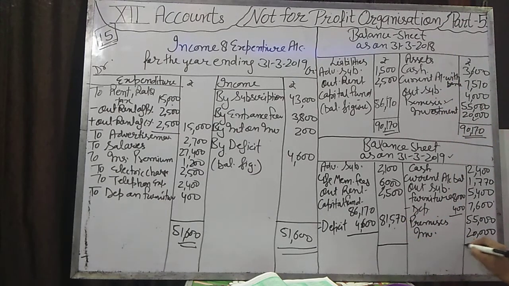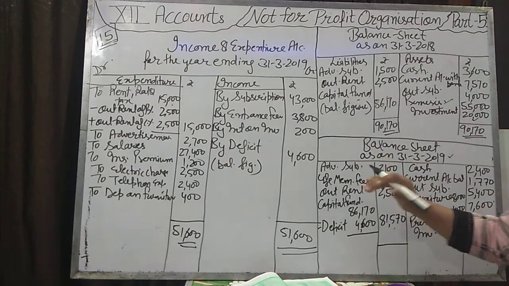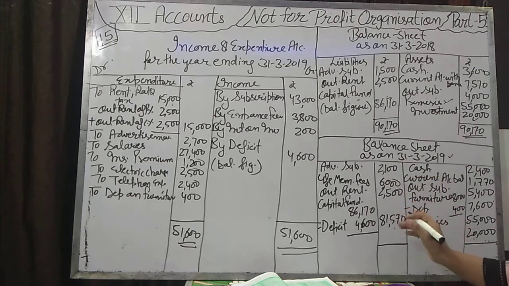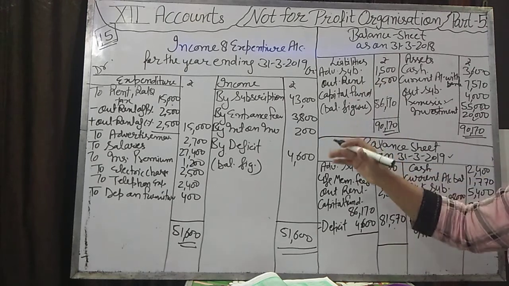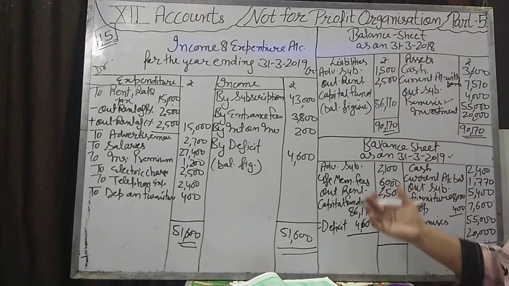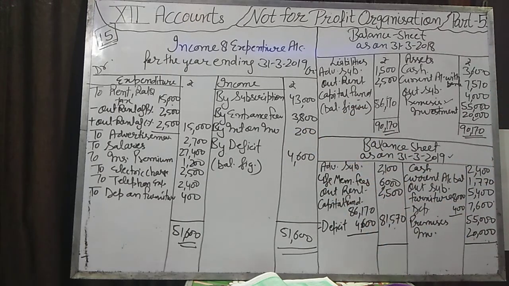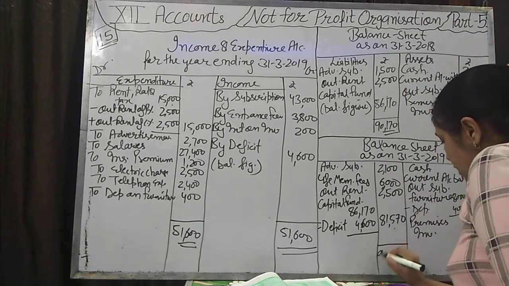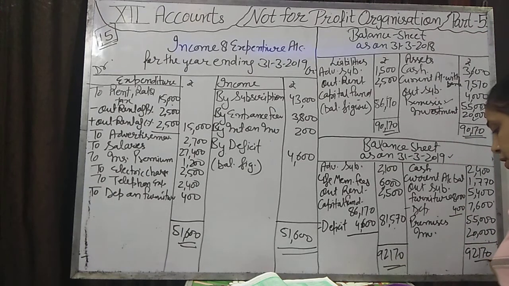Now if the total of both sides of the closing balance sheet is equal, then it means your sum is correct. If by chance the total of both sides does not match, it means there is a mistake in your question related to calculation, or any amount you have forgotten. So you have to find this out. Now the total of this is 92,170, and here also 92,170.